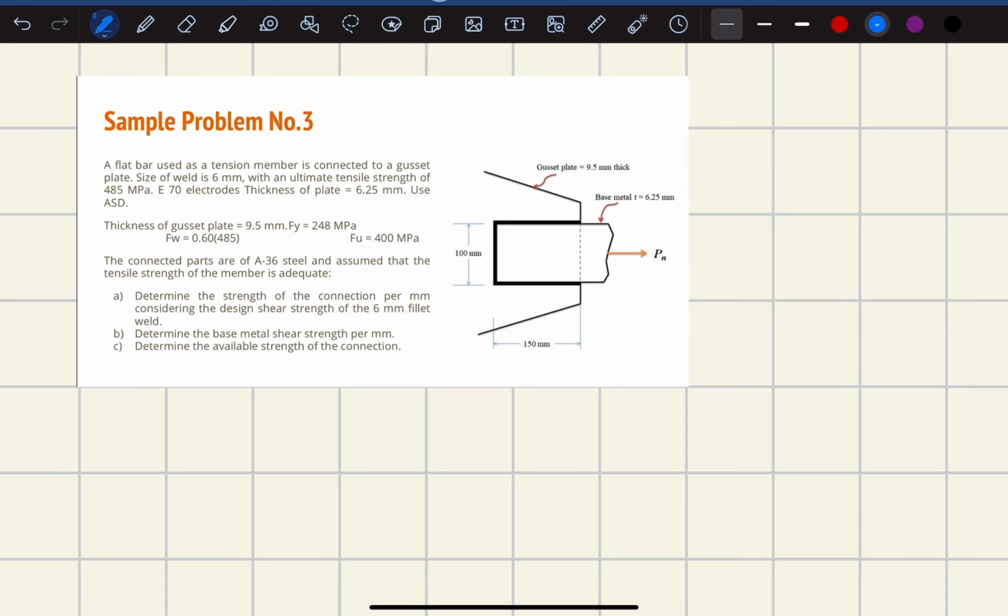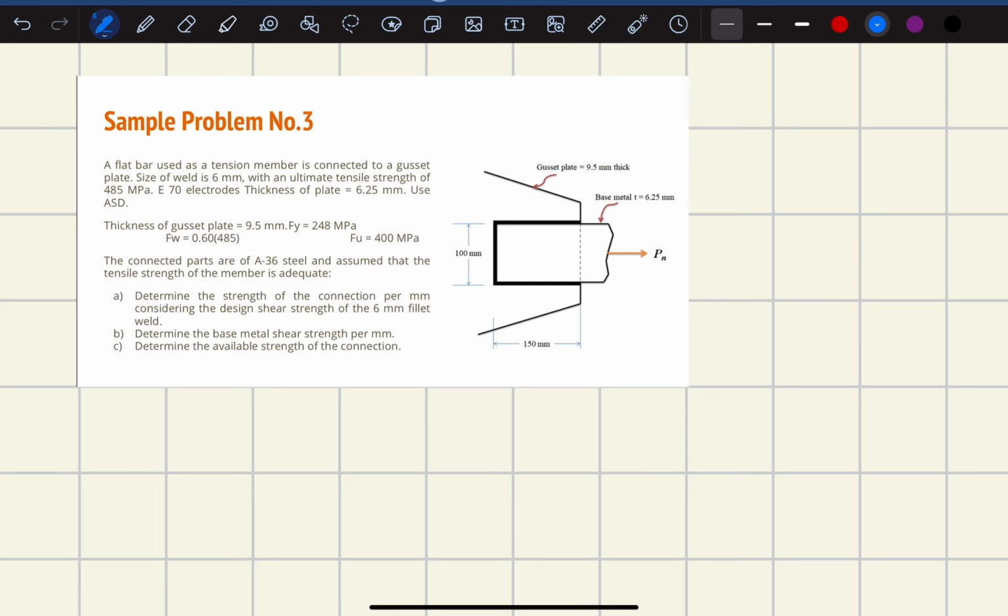With an ultimate tensile strength of 485 MPa. E70 electrodes, thickness of plate is equal to 6.25 mm. Use ASD.